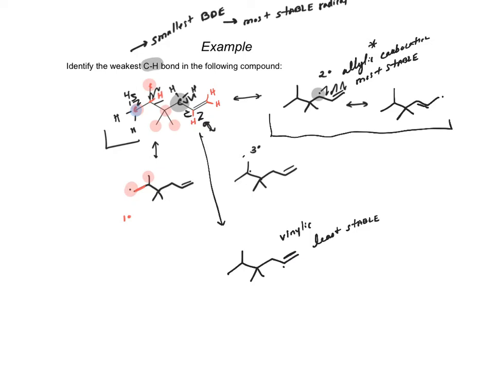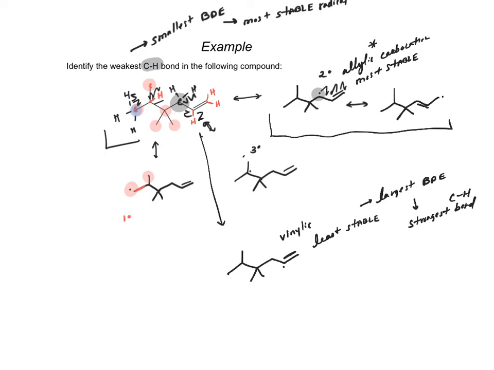So likely these carbon-hydrogen bonds on this double bond would probably actually have the largest bond dissociation energy. And so again, that would probably give us overall the strongest carbon-hydrogen bond. We're not looking for that, though. Again, we're looking for the weakest carbon-hydrogen bond. So we've kind of analyzed all of the carbon-hydrogen bonds.